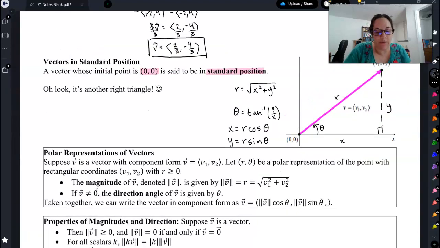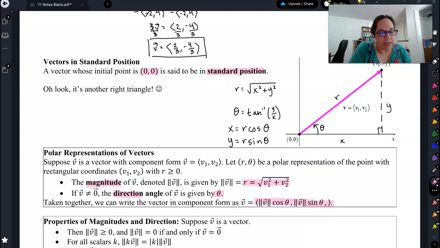So here's a summary of all those vocab words. The magnitude is r. The direction is theta, which is the arctan of y over x. And here is how we write the component form. R cosine of theta for the x component, r sine of theta for the y component.